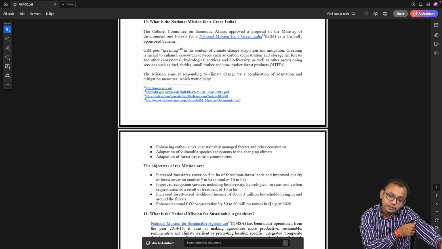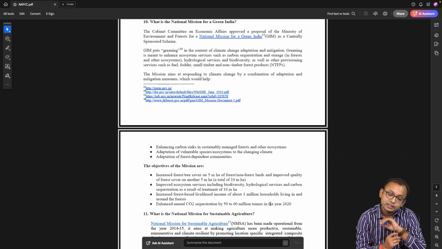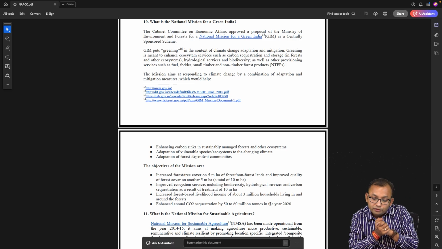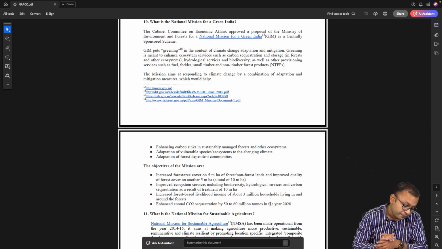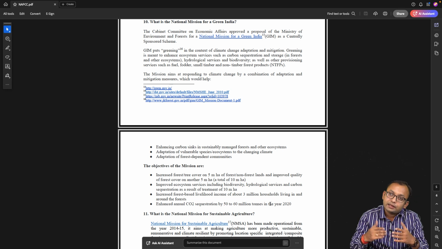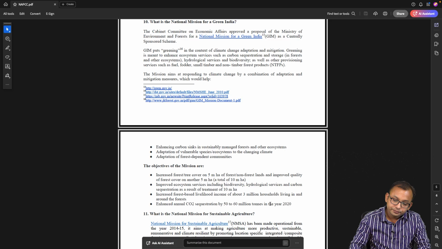So, these were some of the goals for sequestering carbon dioxide in those regions. We can look forward to negative CO2 economies, and then we will be in a good position when we are talking about the Paris Agreement or other very recent international agreements.